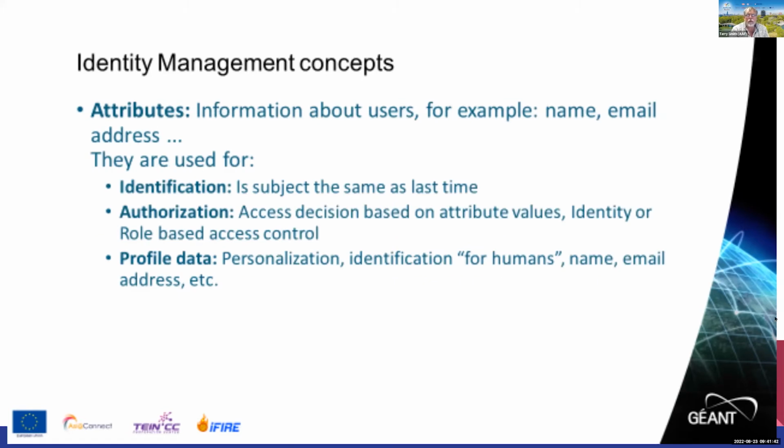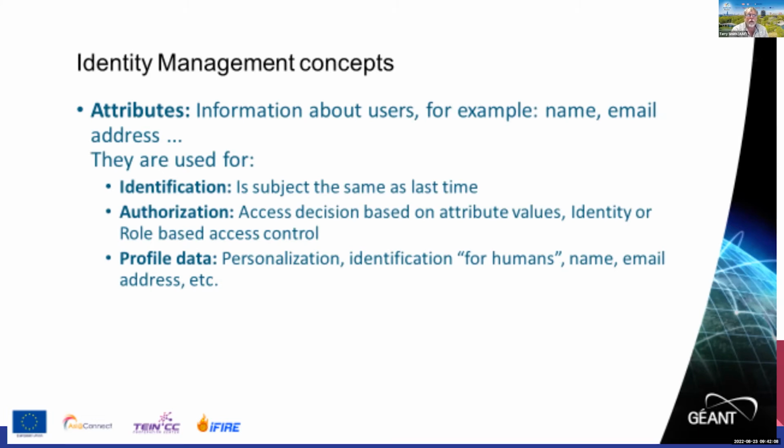Attributes. Attributes are just information about users. For example, we've got my name, my email address, my affiliation to a university, the name of the university that I'm working for or study at. There are plenty of different attributes that are passed between identity providers and service providers.